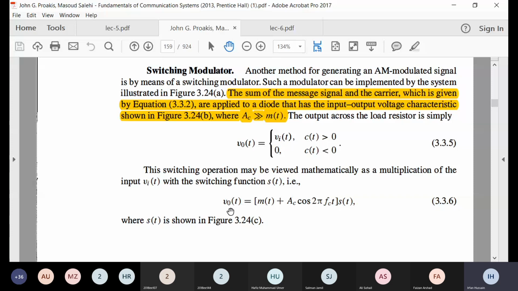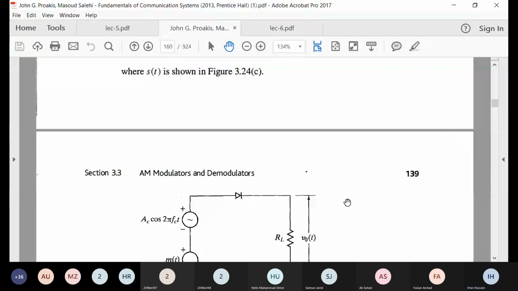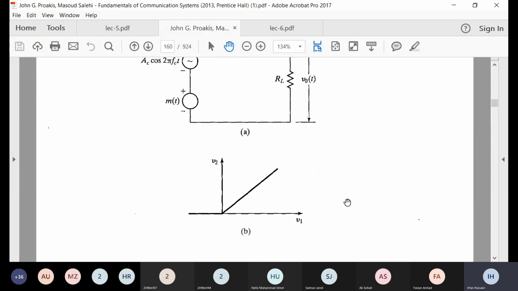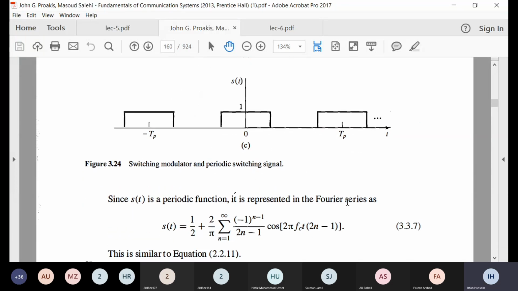So we can also view the output as the sum of the input signal multiplied with the switching function. So this is the switching function. It is 1 whenever the input is greater than 0.